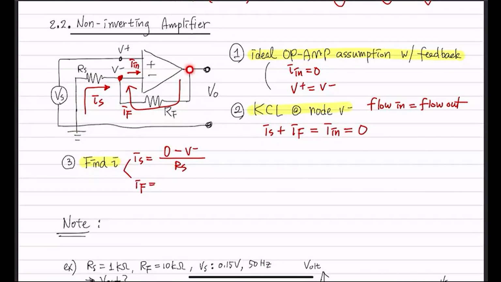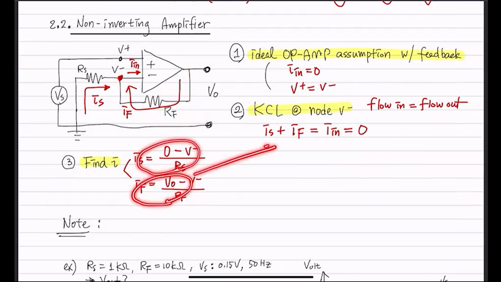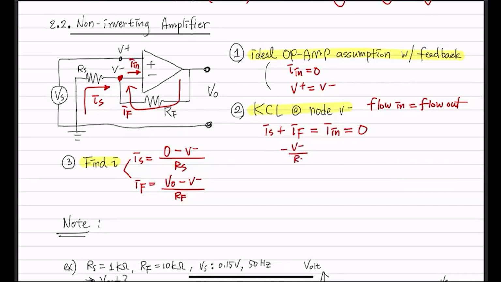From V out you go to V negative across this resistor, so V out minus V negative, divided by RF. Right? Then we plug these back into this equation. So it's negative V negative divided by RS plus (V out minus V negative) divided by RF equals 0.